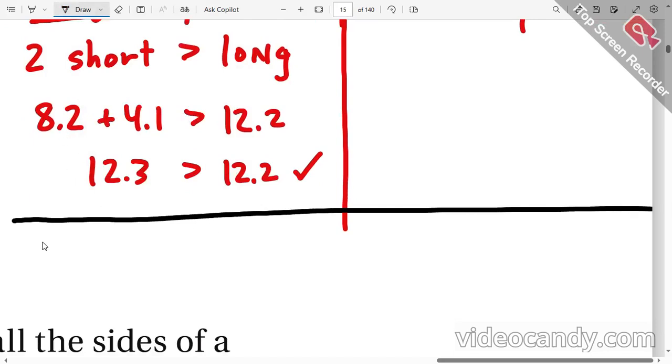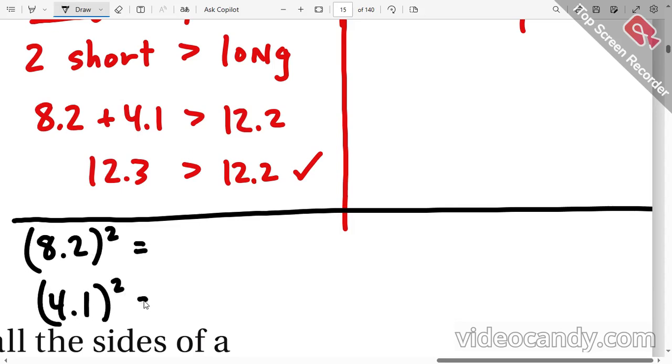We're going to do 8.2 squared, 4.1 squared, and 12.2 squared.